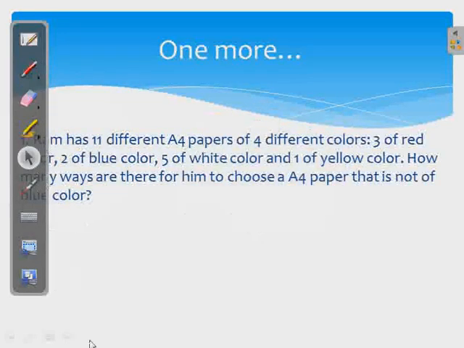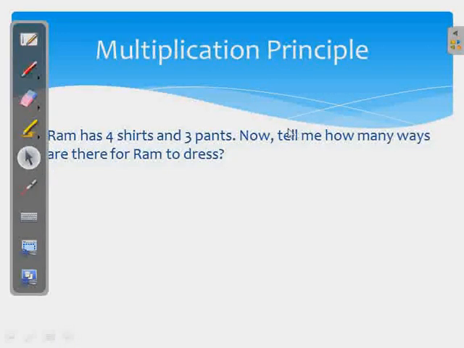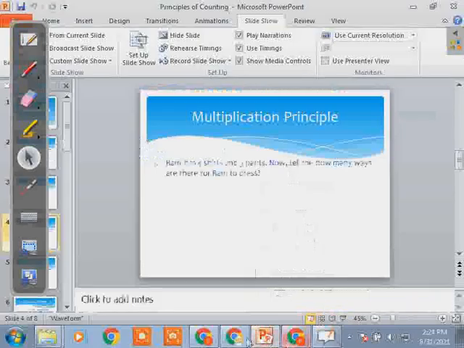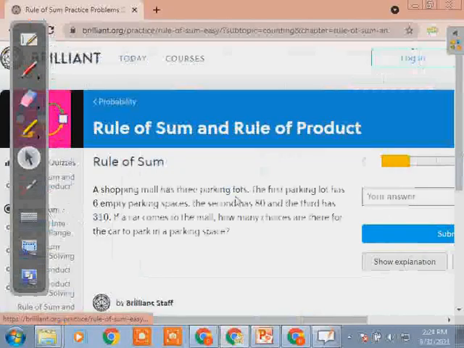Okay, so we go to the next problem. The next problem is about multiplication principle. But before going to multiplication principle, I will do some more problems on addition principle.